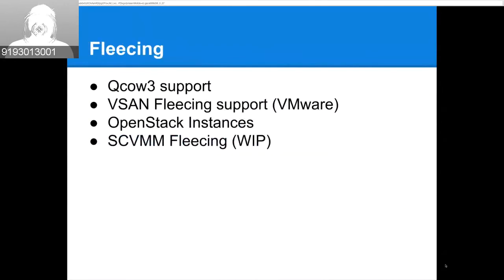So this sprint, we basically introduced a few things. We've implemented support for QCow3. We started to encounter QCow3-based images recently, and some of them are listed as QCow2 with QCow3 compatibility headers.